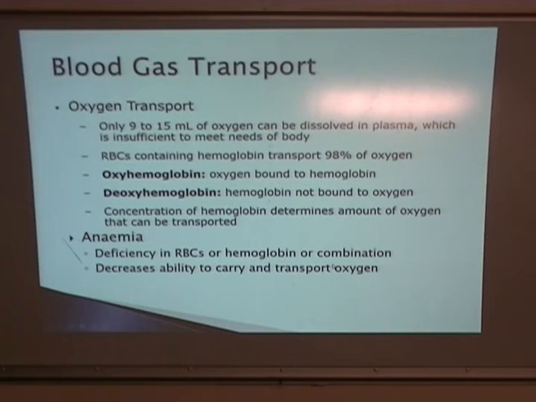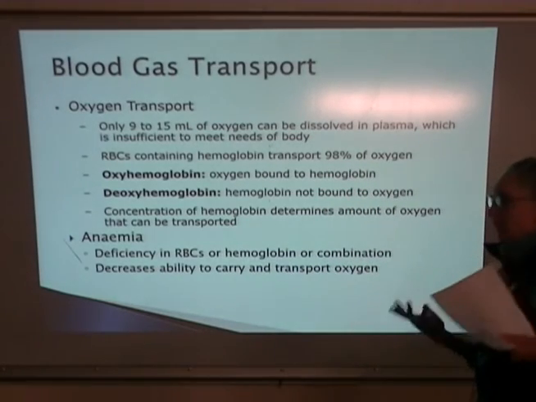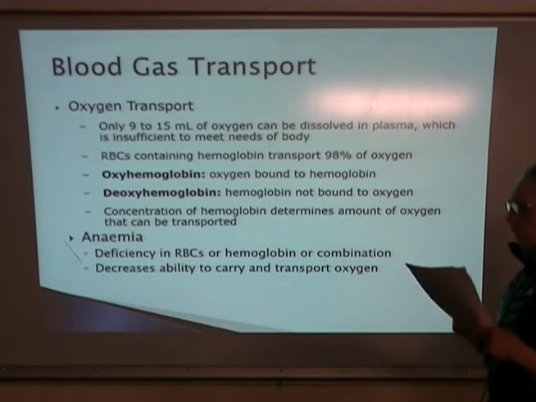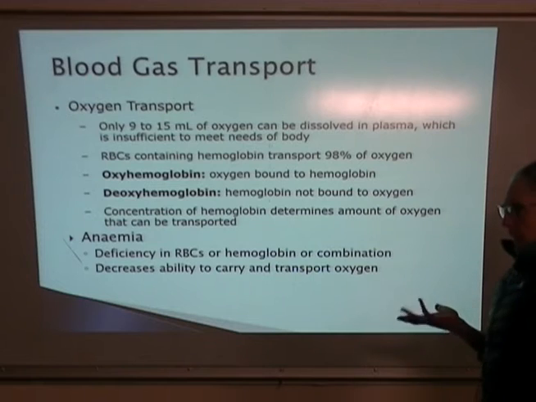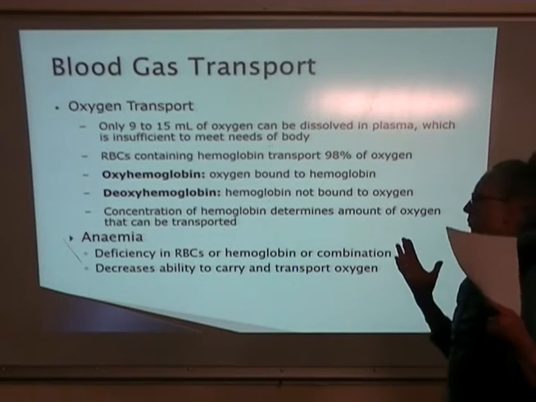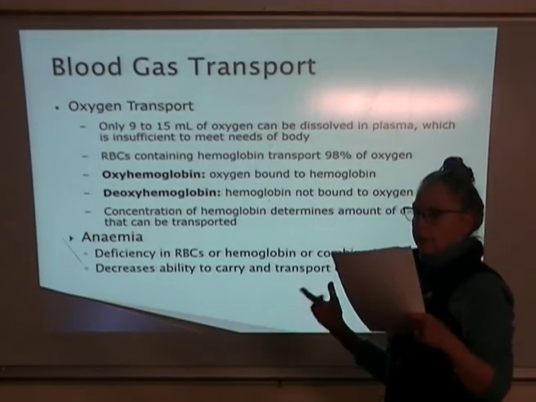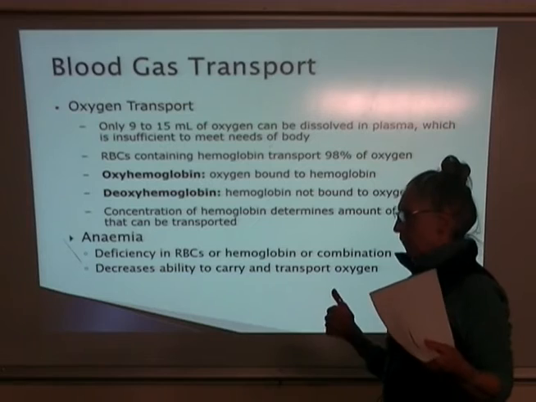So if we're anemic, it severely impacts my ability to do anything aerobic, right? How do we get anemic? Well, the number one issue for anemia across the planet is iron deficiency.